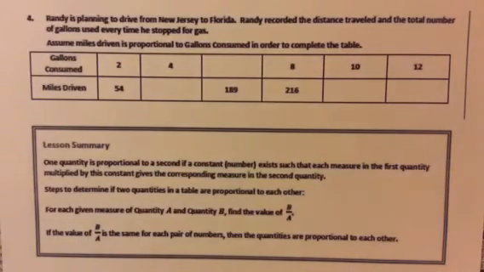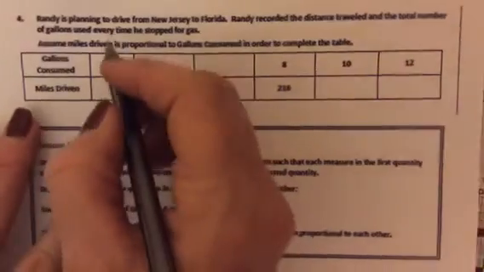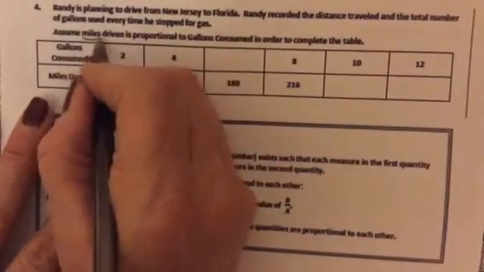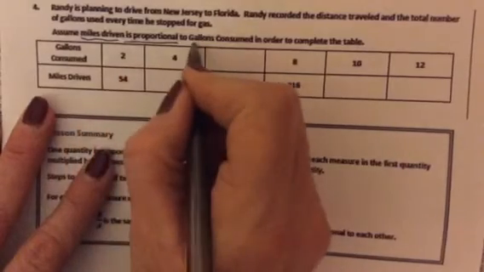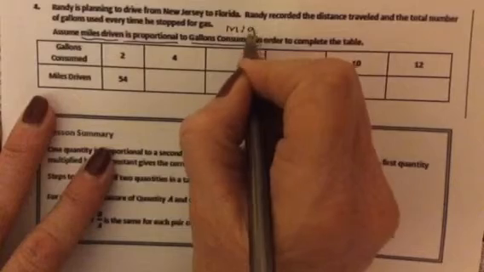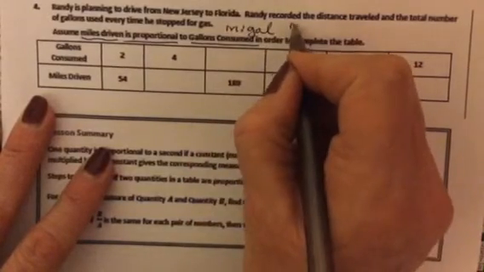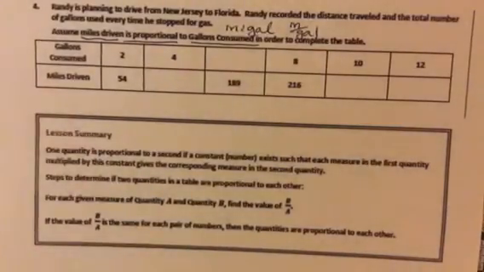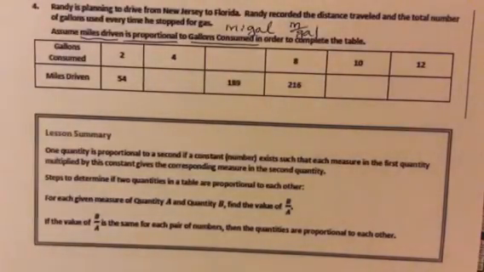So here we're saying that they are proportional because you're assuming that miles driven is proportional to gallons consumed. So we're doing miles to gallons, or miles over gallons. And they want us to complete the chart. Okay? So miles per gallon.